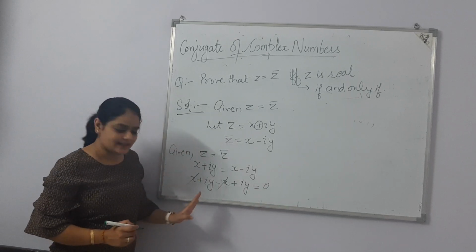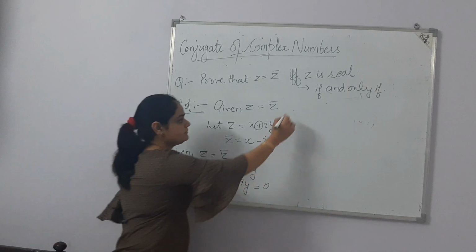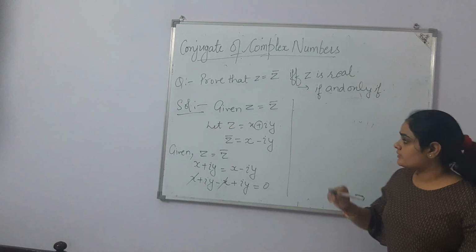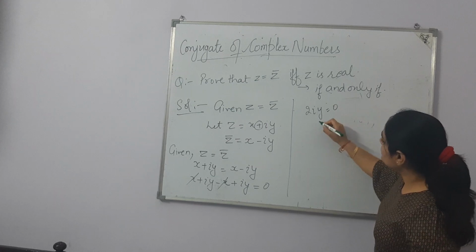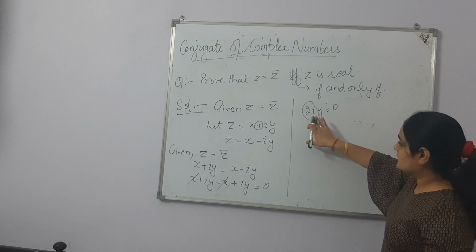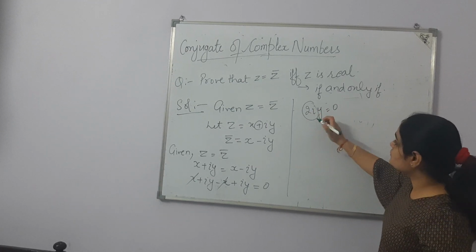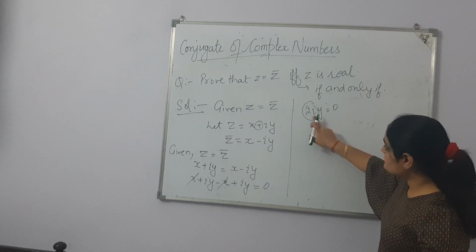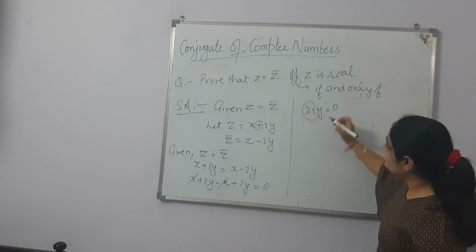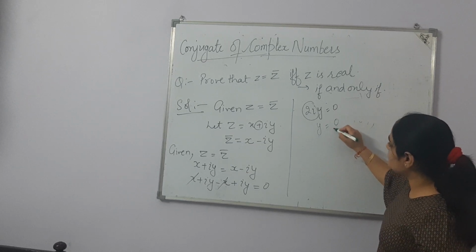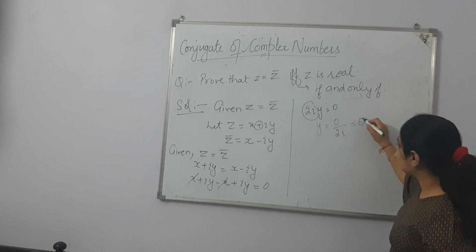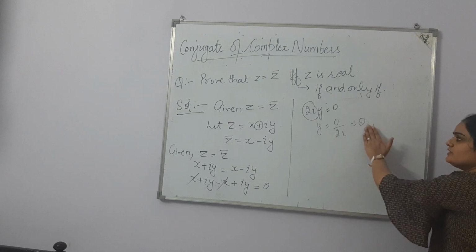X will cut out with x, so it becomes 2 iota y equals to 0, and this is your constant. So the constant is multiplying with y, 2 iota is multiplying with y, so we can divide it. 0 by 2 iota is 0. So y's value is 0.